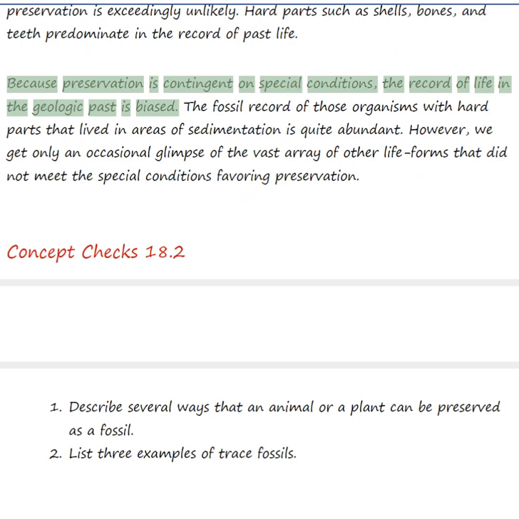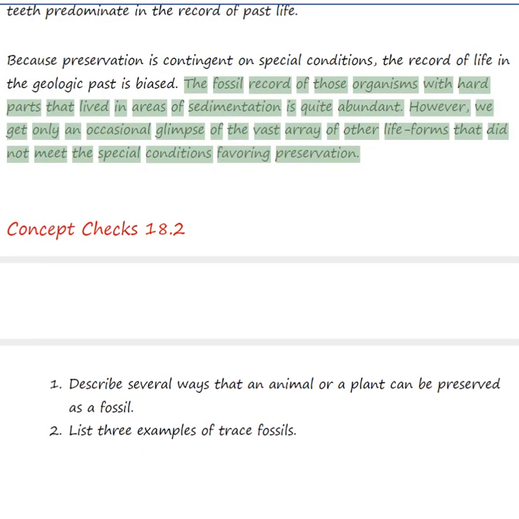Because preservation is contingent on special conditions, the record of life in the geologic past is biased. The fossil record of those organisms with hard parts that lived in areas of sedimentation is quite abundant. However, we get only an occasional glimpse of the vast array of other life forms that did not meet the special conditions favoring preservation.